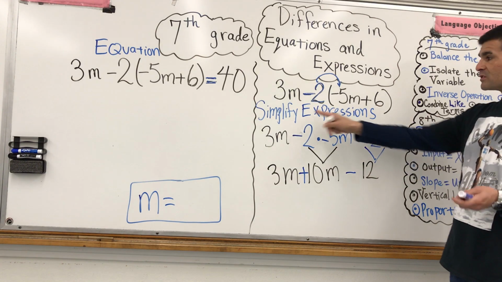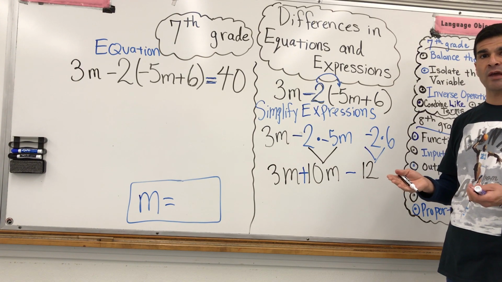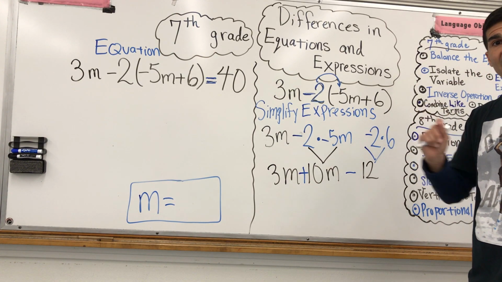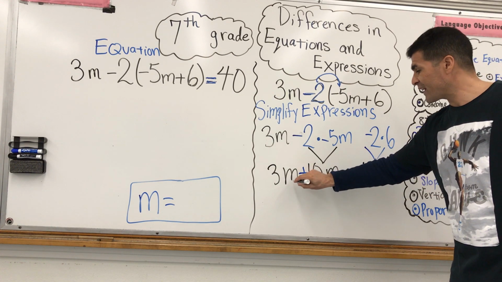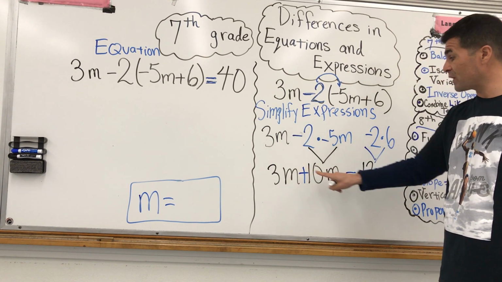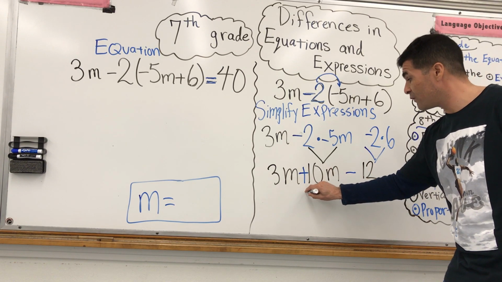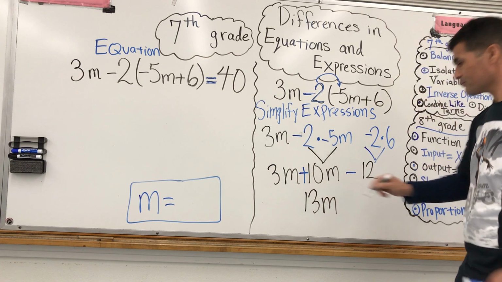Now, I'm almost done simplifying this, but I have to remember my other academic vocabulary. I'm going to combine like terms. If I combine in math, it means to add. So I'm going to add the 3m and the 10m together. This is going to give me a total of 13m.